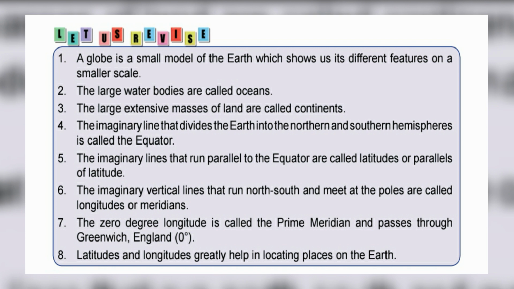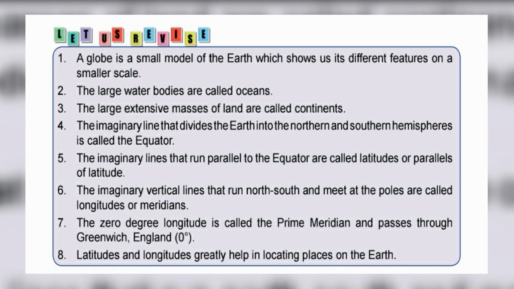Third point, the large extensive masses of land are called continents. Fourth one, the imaginary line that divides the earth into northern and southern hemispheres is called the equator. Fifth one, the imaginary lines that run parallel to the equator are called latitudes or parallels of latitude.